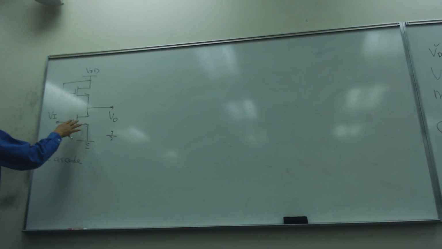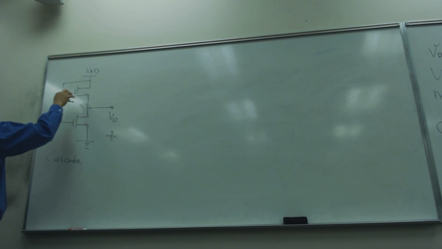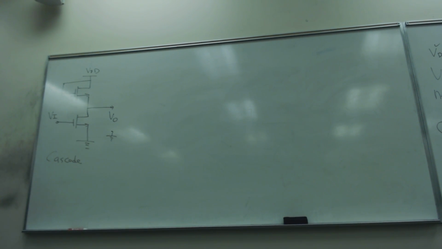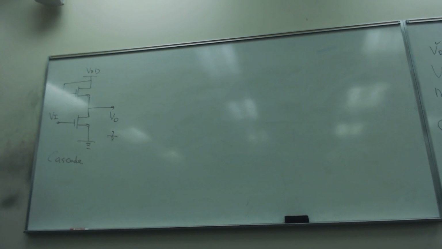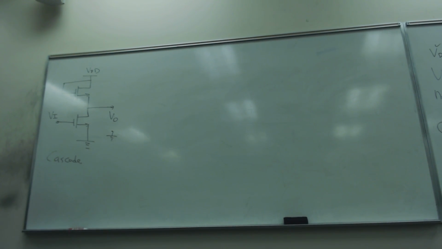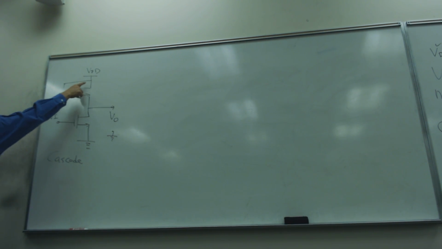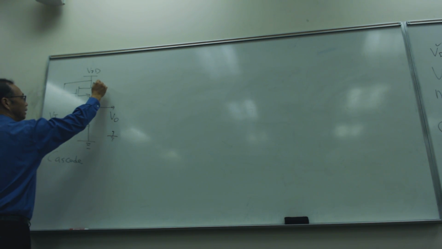So you have one transistor on top of the other. And this has been used quite frequently. And you notice there's something unique. That is the one on the top has the gate and the drain connected together. And this is normally called the load.